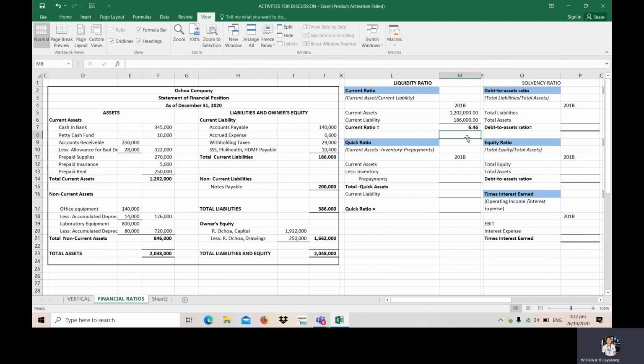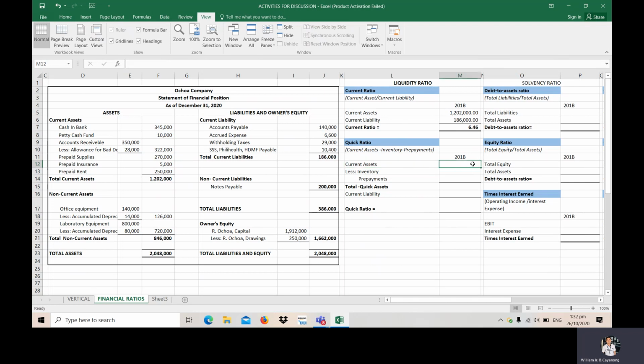The answer is 6.46 or 646%. Here we could really say that our current assets are higher than our current liabilities. Therefore, we have the capacity to pay our liabilities, because our assets are about 600 percent higher compared to our current liabilities. Now, let's proceed to our quick ratio.